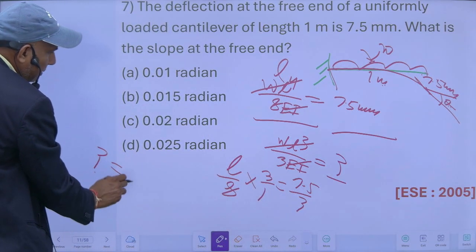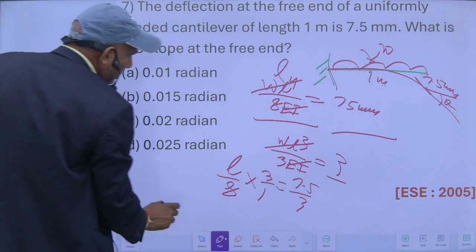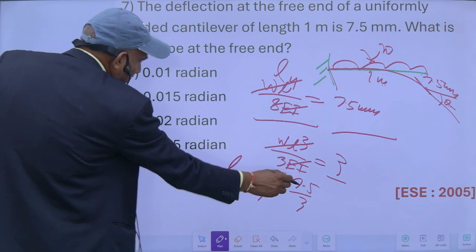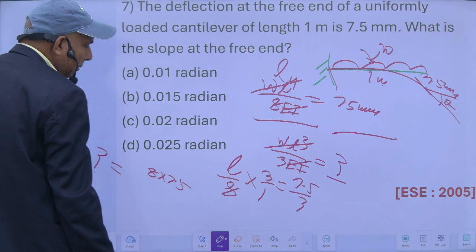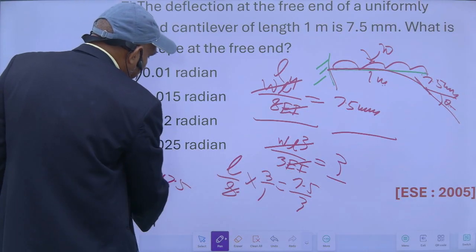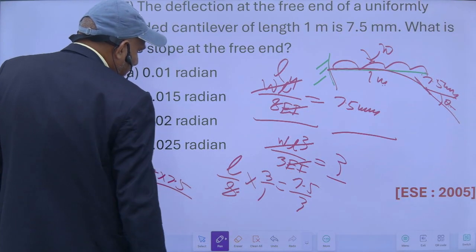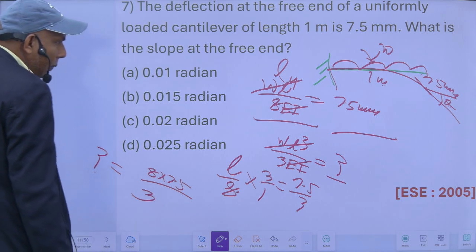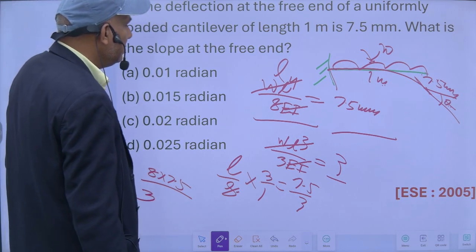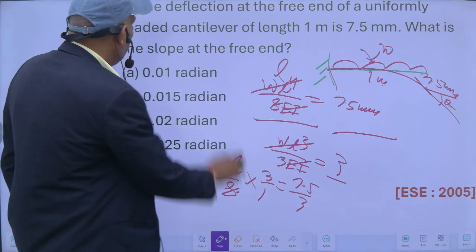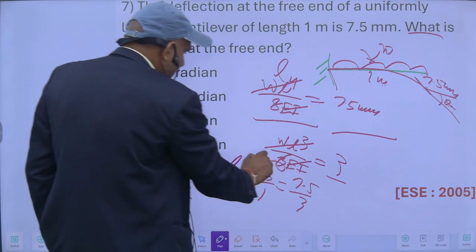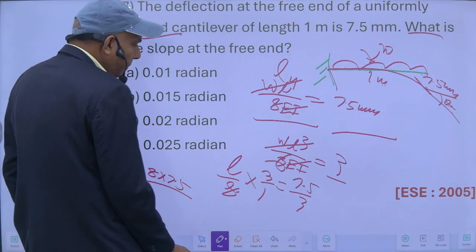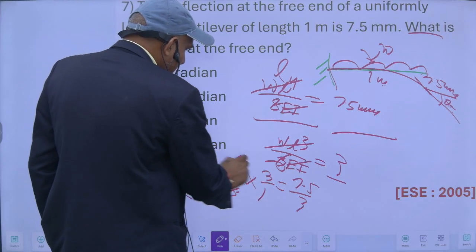This will be 8 into 7.5 upon 3. It is a UDL, so in case of UDL the slope is WL cube upon 6 EI.